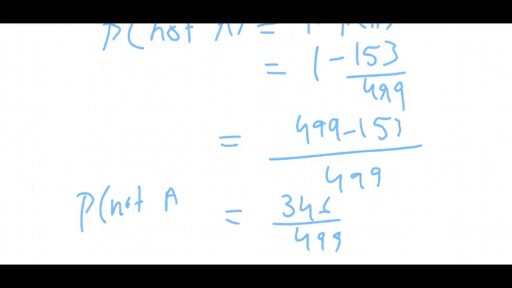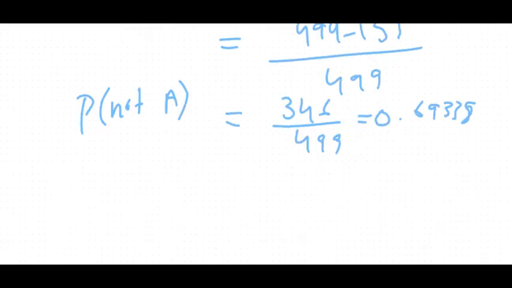Okay, so we have to convert this into decimals. We divide it, and the answer we get is 0.69338. When you round it, we have the answer 0.69.